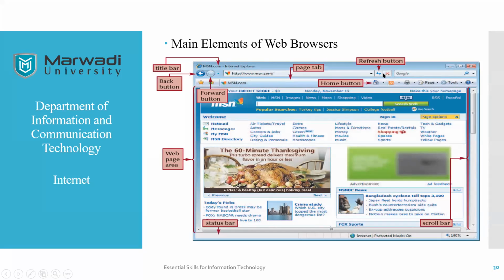Then comes the refresh button, then the back button, forward button, and the center portion is also known as your web area. And at the bottom, you can see the status bar. Okay, so these are the main elements of your web browser.